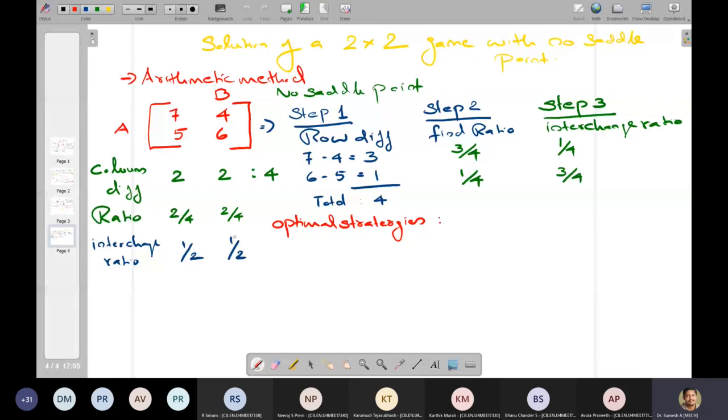That is what we are getting from the ratios. Whatever we are getting from the interchange ratios, that we are selecting.